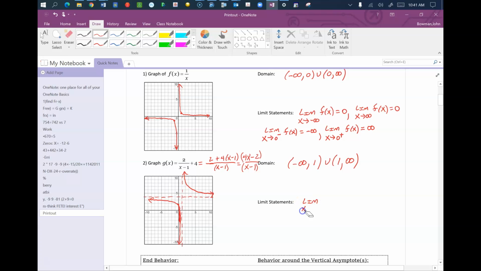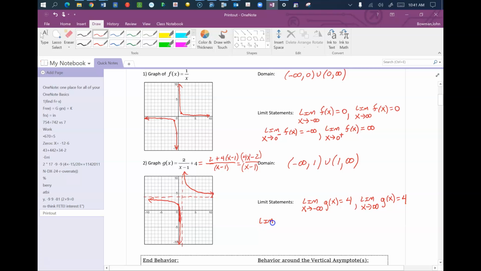The limit as x approaches negative infinity of g of x is equal to positive 4. The limit as x approaches positive infinity of g of x is also equal to positive 4.